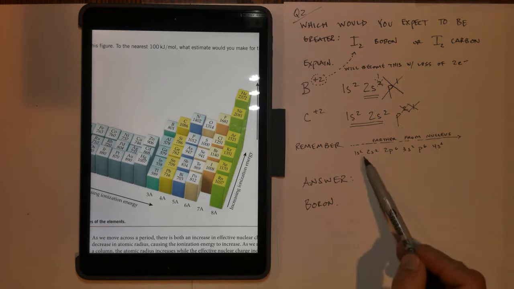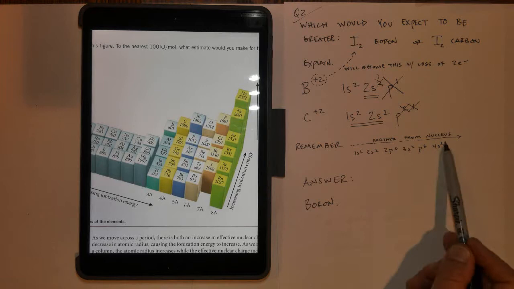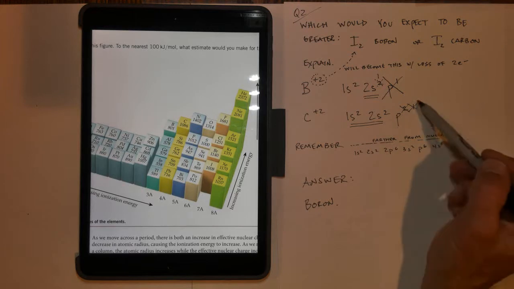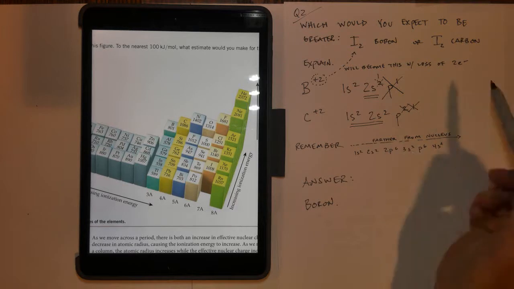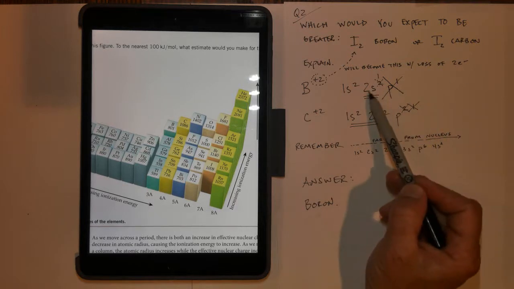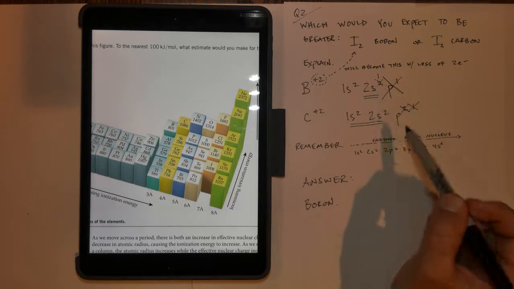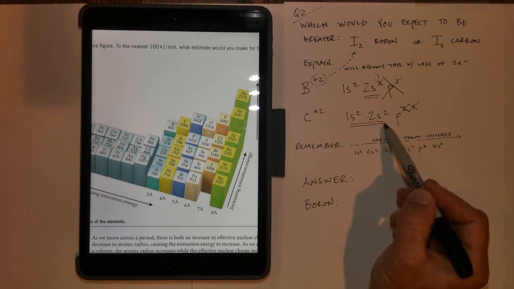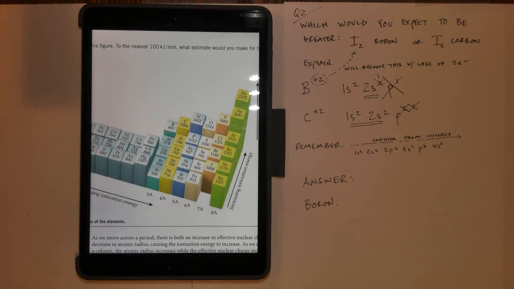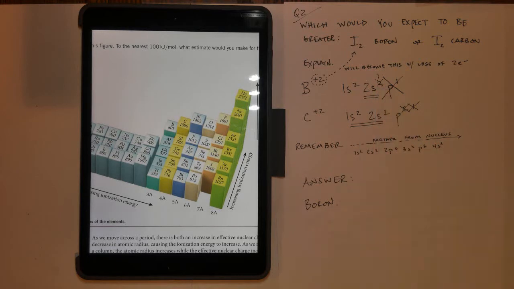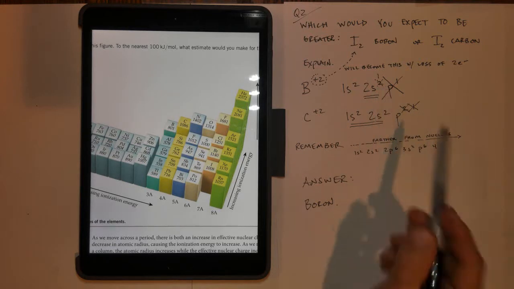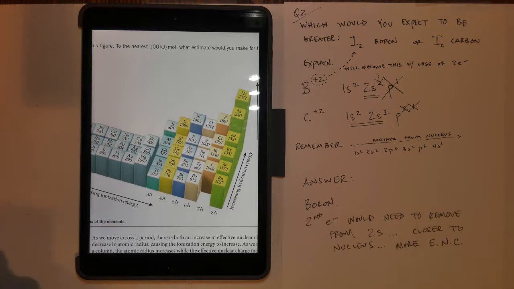Remember that 1s2, 2s2, 2p6, 3s2, this electron configuration always means that it's further from the nucleus, and that's why we want to take away these guys right here, because they're the furthest ones away from the nucleus. But now when we get closer, we're starting to remove these that are closer to the nucleus. Here we don't have to remove the electrons that are as close to the nucleus, and therefore it costs more energy to remove this second electron from boron than it does from carbon.